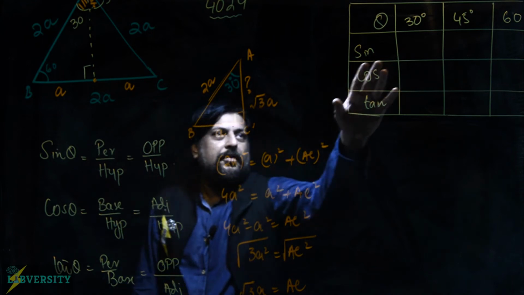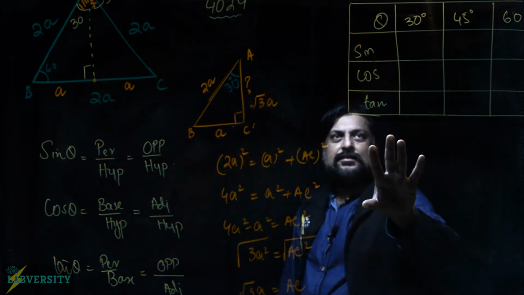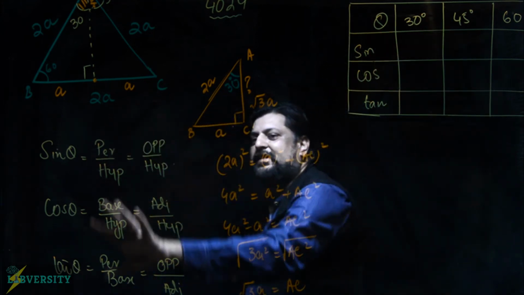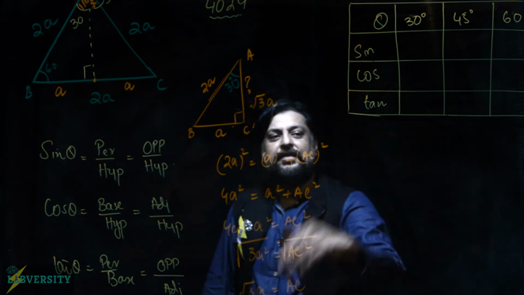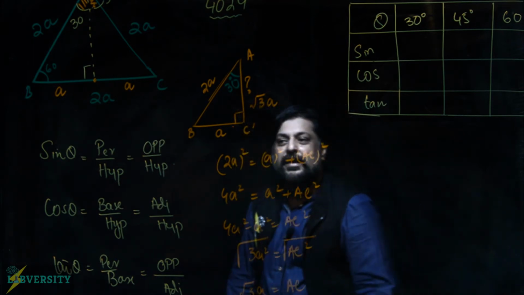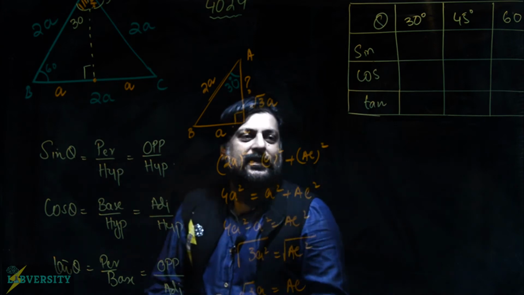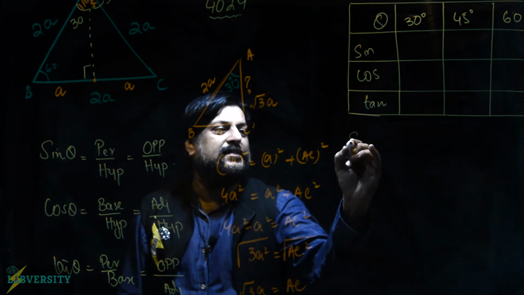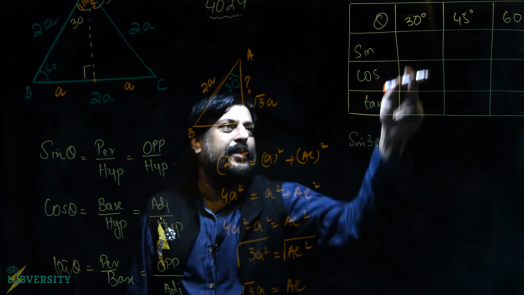Now we will fill this table with the help of these trigonometric ratios, and you can check with your calculator. The calculator will give the same value. Sine theta, now I am writing sine 30 because we are going for 30.